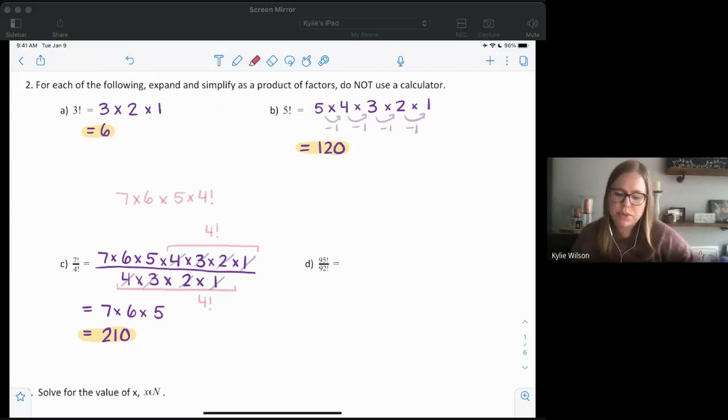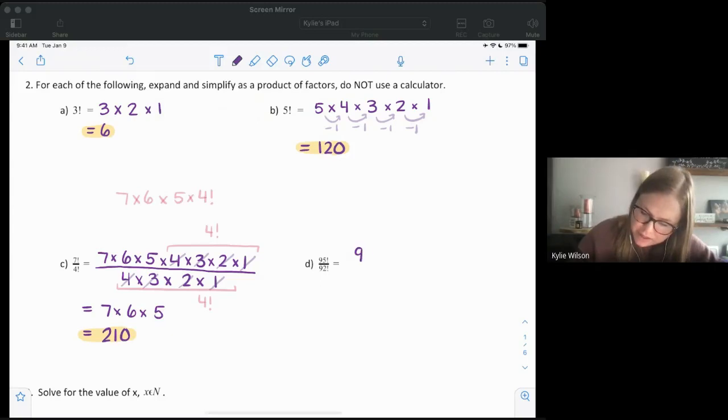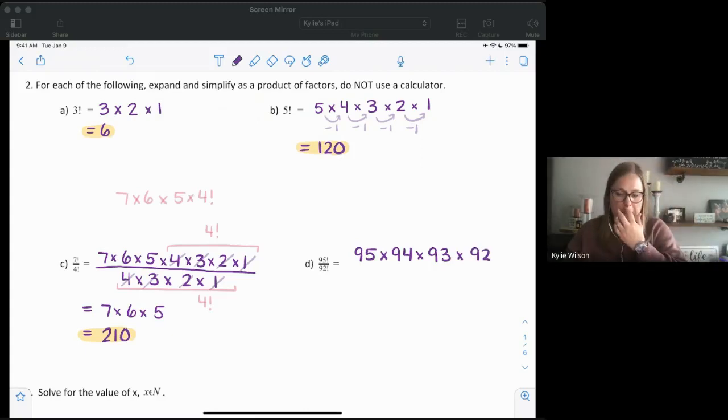And that is exactly what we're going to do with this next example, because sometimes the numbers are just too big to fully expand. Sometimes that's just way too much. So this next one, we have 95 factorial divided by 92 factorial. I'm going to start by expanding the numerator. So we have 95, 94, 93, 92. Now, if I were to continue expanding, I would write 92, 91, 90, 89, 88, and I would keep going all the way to 1.